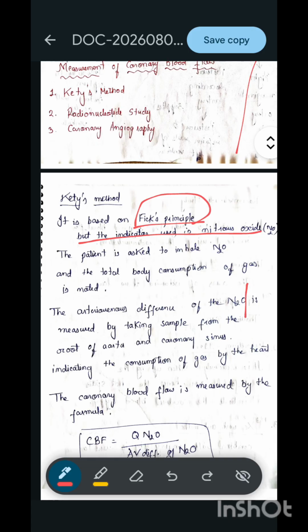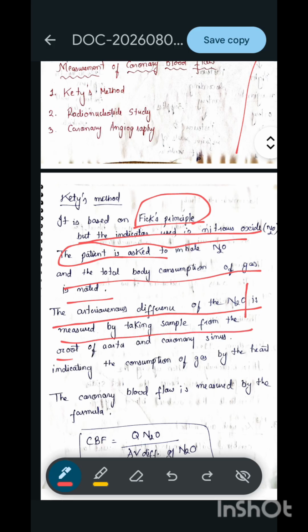What happens is, the patient is asked to inhale this N2O, and the total body consumption of the gas is noted, right? Then the arteriovenous difference, meaning the level of nitrous oxide in the arteries and in the vein, is measured by taking a sample from the root of the aorta for the arterial sample and the coronary sinus for the venous sample.